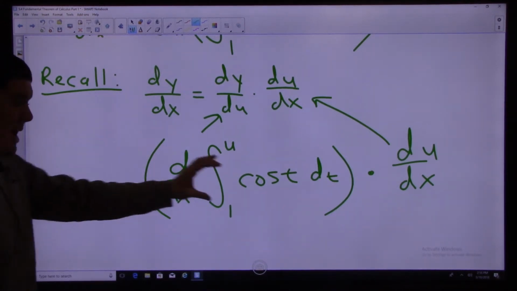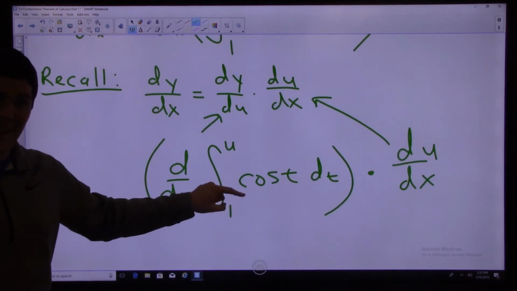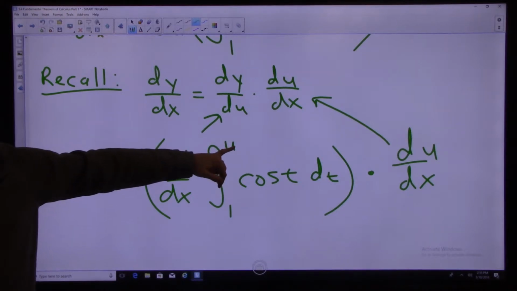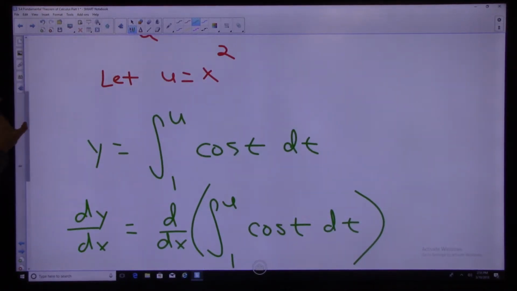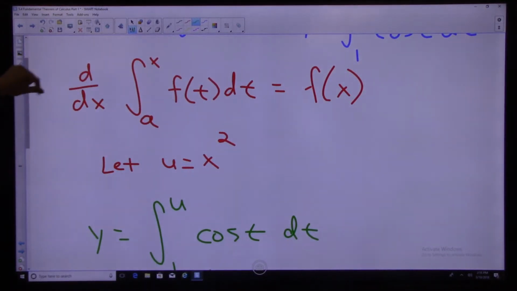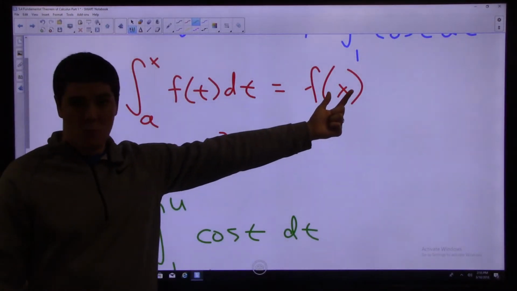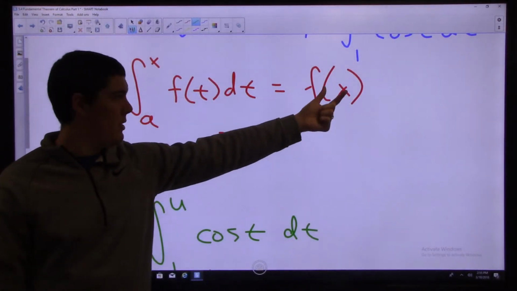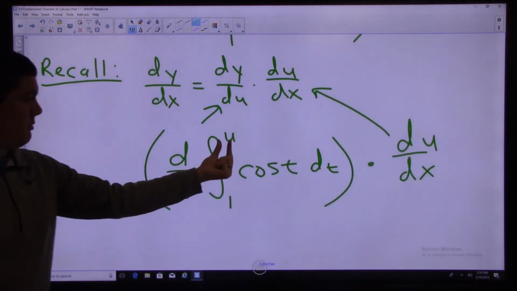So guys, now that we have it written like this, look at what we've got. This right here is exactly, except we put u instead of x here, but this is exactly the fundamental theorem of calculus, part 1. So what we can do is take our function and replace wherever we see a variable x with u.